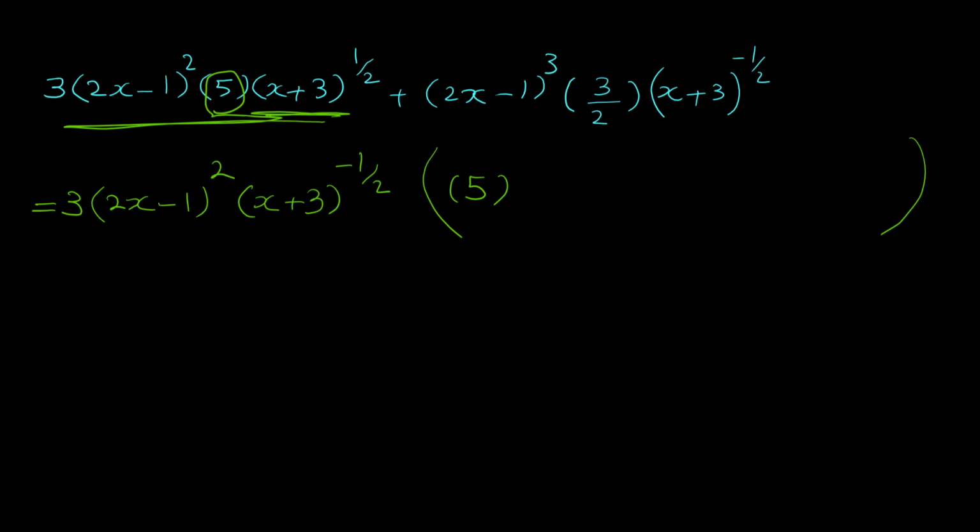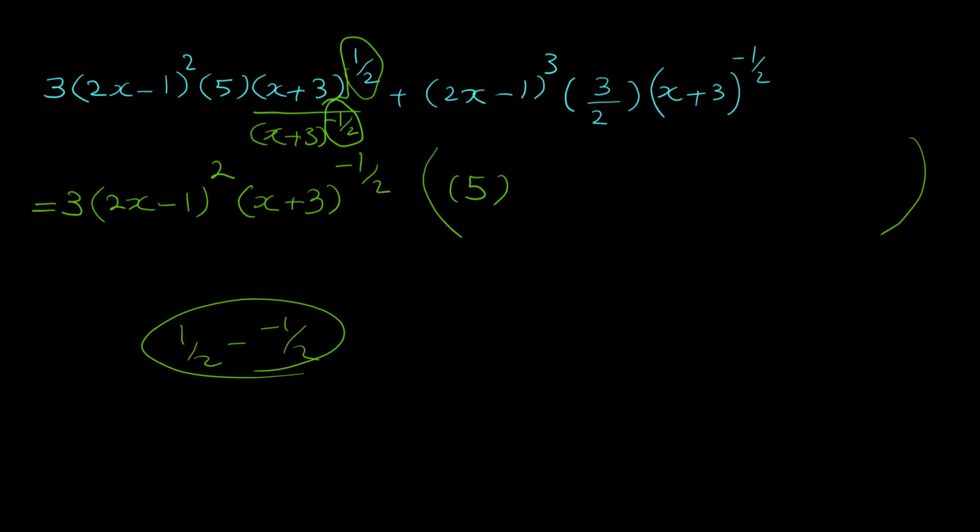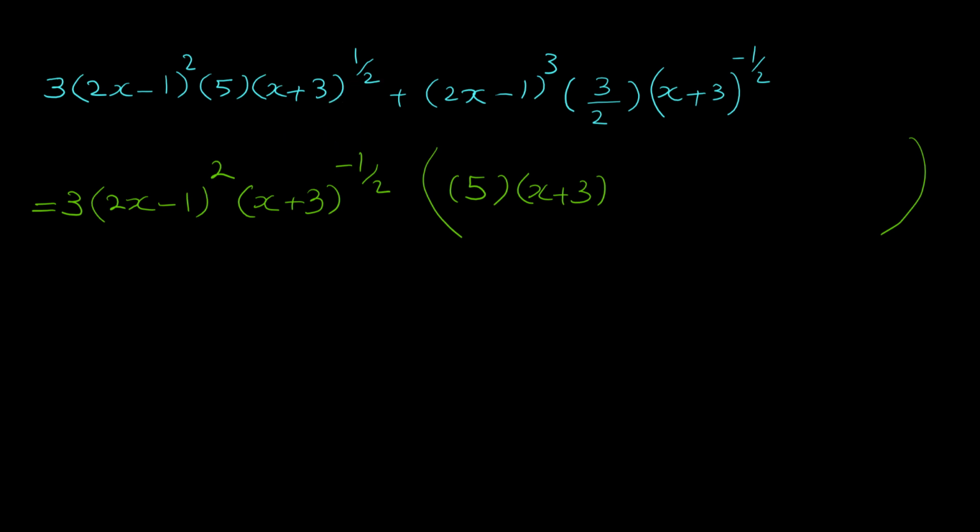So we have to divide this by (x plus 3) to the power of -1/2. If we subtract this power from this power, we have 1/2 minus -1/2, and this would be 1. So here we have x plus 3 to the power of 1. We don't need to write power 1 because anything to the power of 1 is the same expression. So basically we have only this.